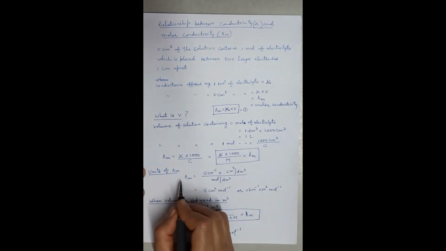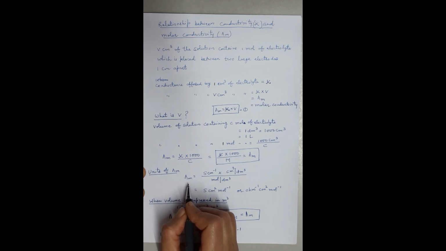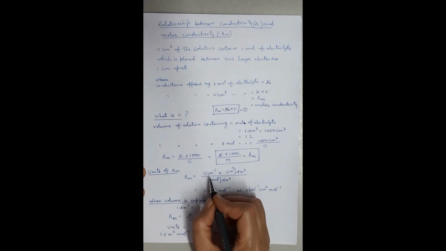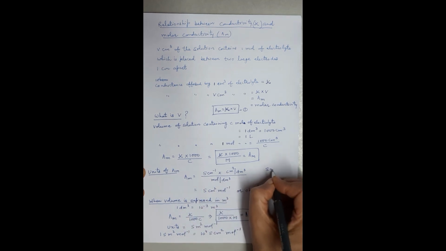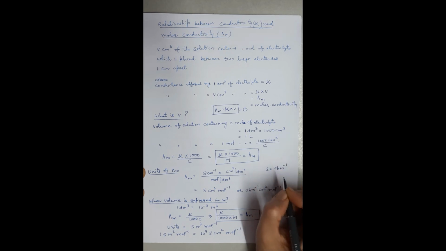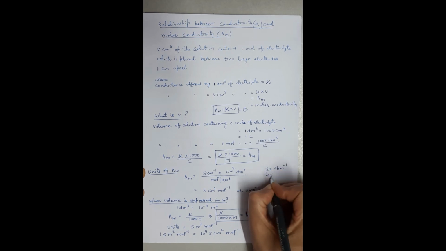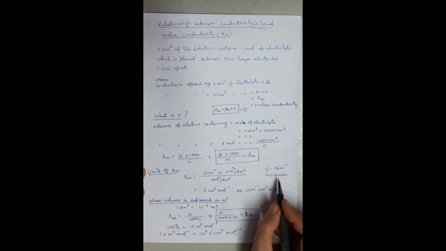If you see what are the units of molar conductivity, kappa is expressed as Siemens. What is Siemens? Siemens is actually ohm inverse. That is called Siemens, S-I-E-M-E-N-S.